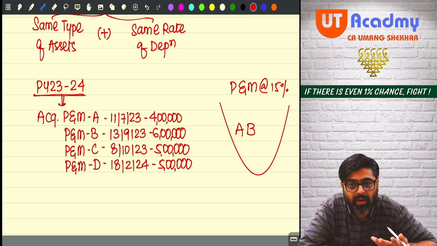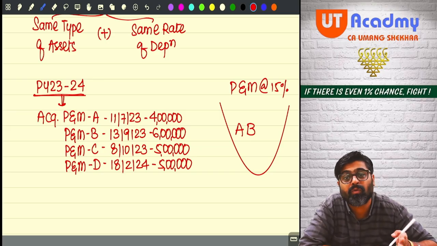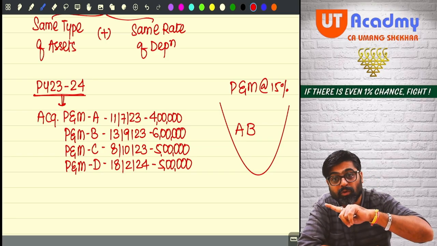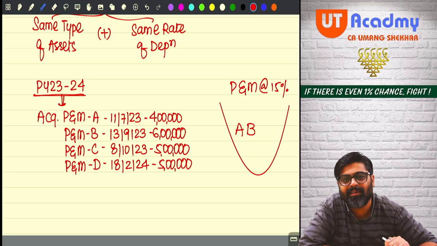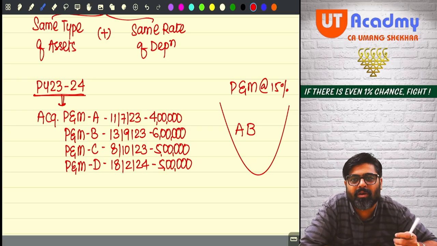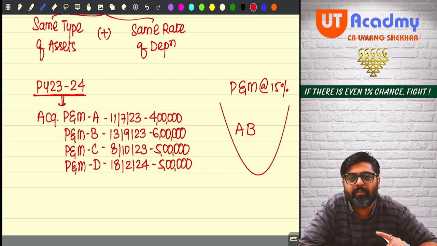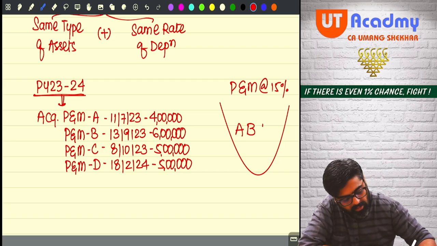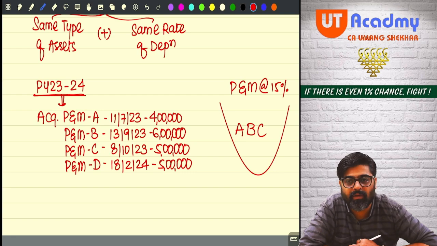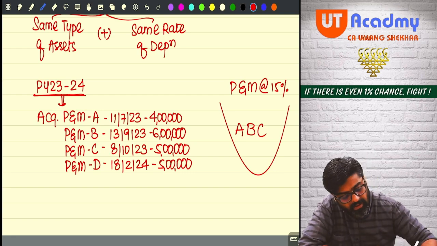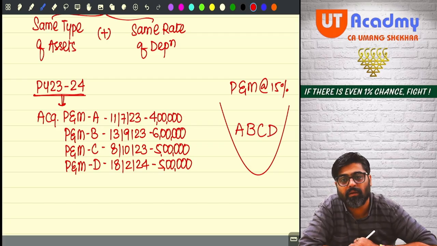And what will be the value of this block? 4 plus 6, now the value will be 10 lakhs. 10 lakh is the total of the actual cost of all those assets which are there in the block. That is nothing but the value of that block. Getting my point? Now tell me, C I will buy. I will put C here. What will be the value of the block? 15 lakhs. If I buy D, D will come here.